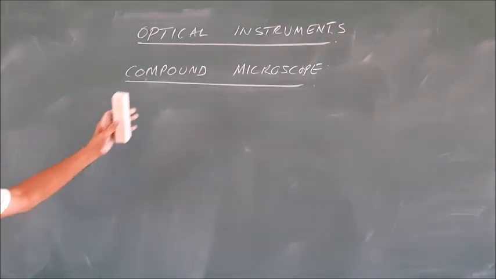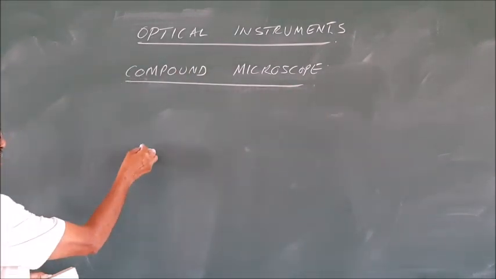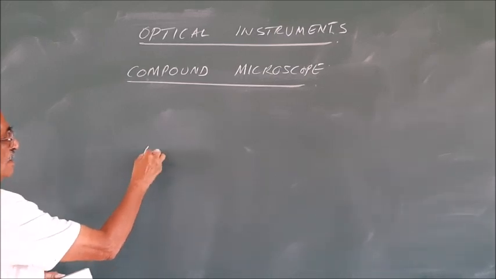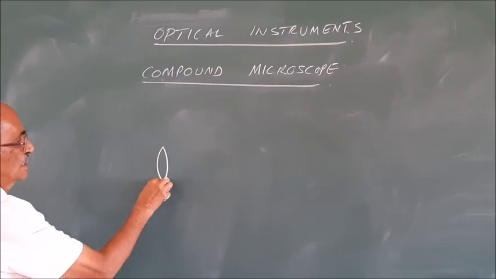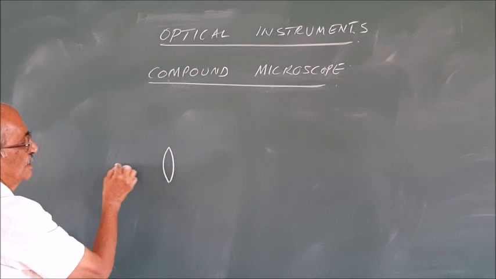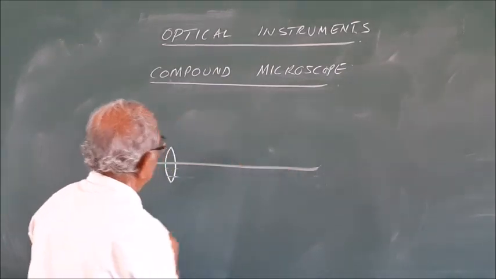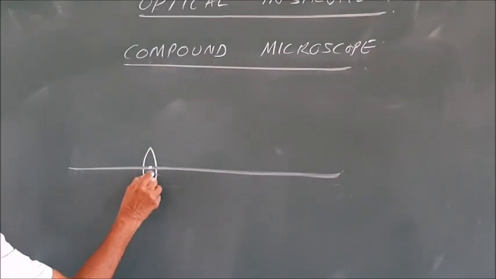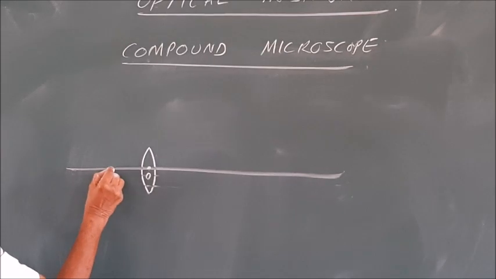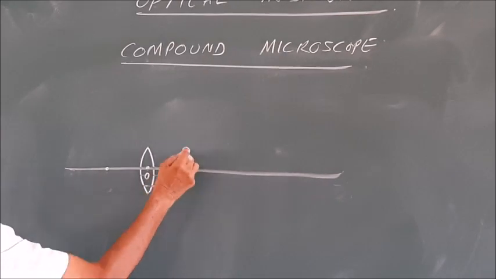Now the compound microscope looks like this. Again, a convex lens, principal axis, optic center, principal focus, principal focus.